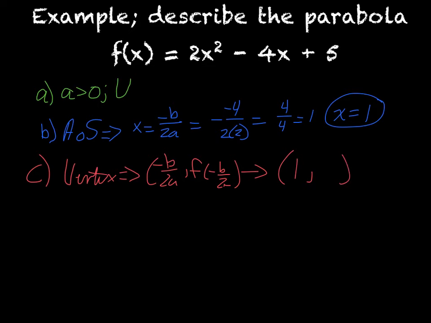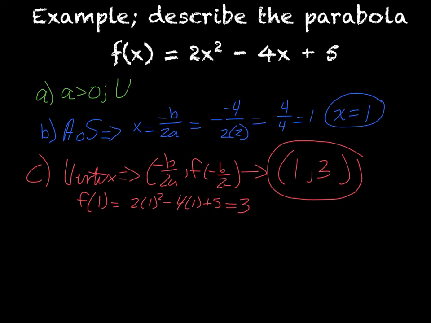I just need to find the second number. So to find the second number, I'm going to put it in for all my x's. I'm going to find f of 1. So that would be 2 times 1 squared minus 4 times 1 plus 5. So that would be 2 minus 4, which is negative 2, plus 5, which is 3. I'll type it in the calculator to make sure. So my vertex is at 1, 3.